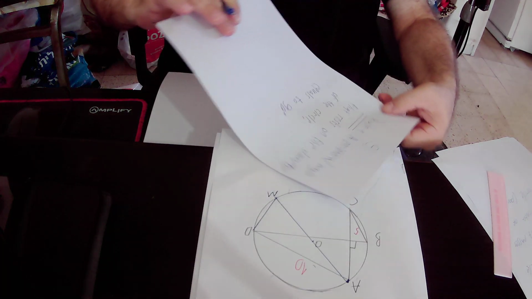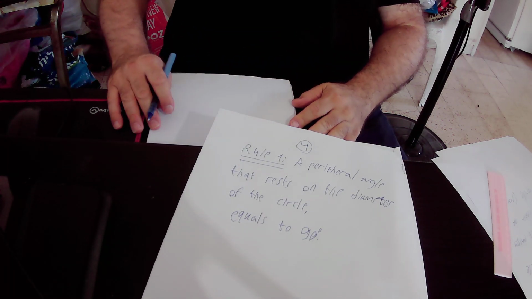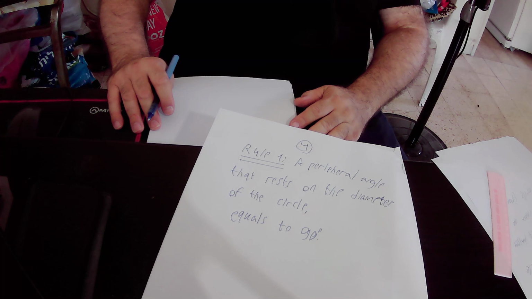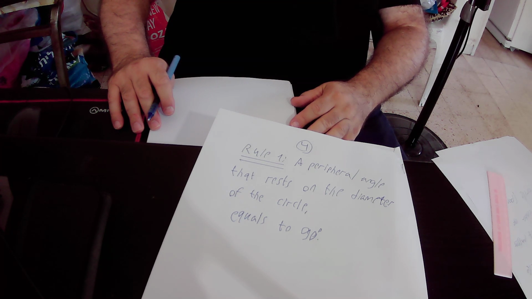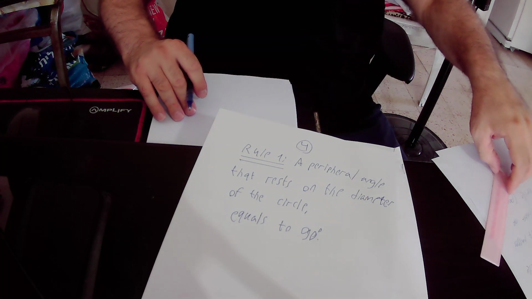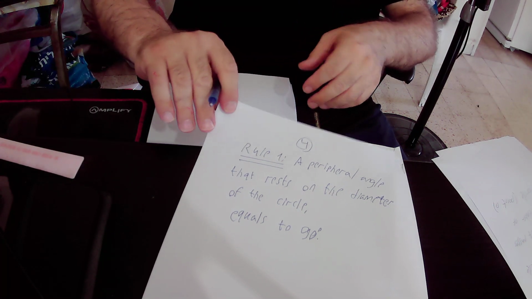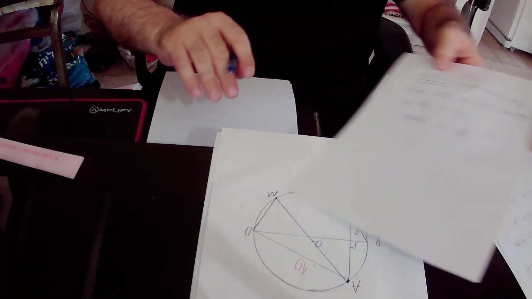I will read rule number 1 again. Rule number 1 states that a peripheral angle that rests on the diameter of the circle equals 90 degrees. Okay, so I will give you an example in order to clarify rule number 1.